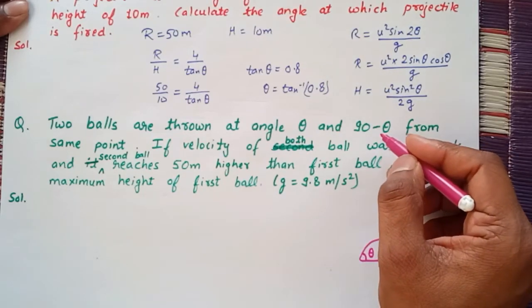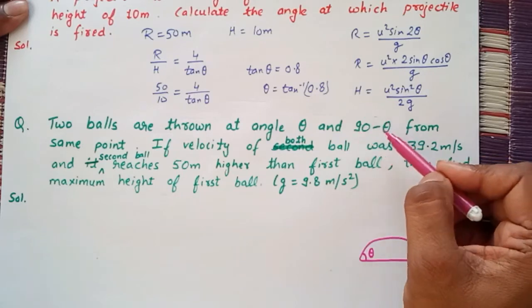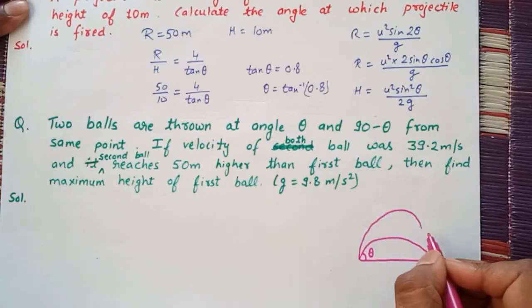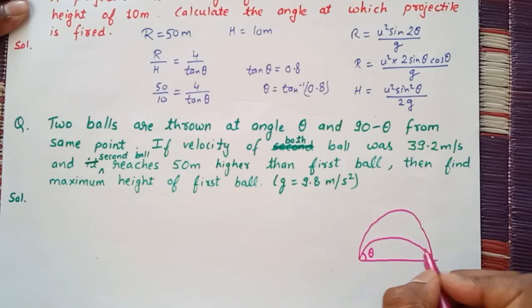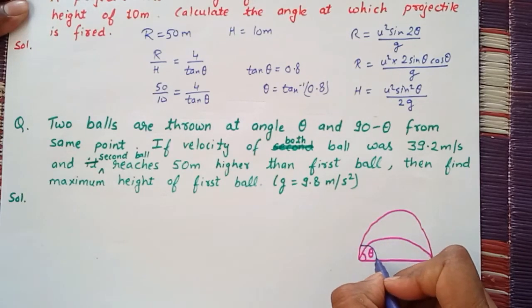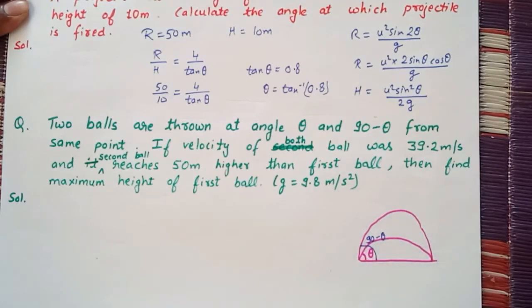I have discussed in the previous videos that when the angle is theta and the other angle is 90 minus theta, then both objects have the same range. So both will reach here. This whole angle is 90 minus theta and this small angle is theta only.